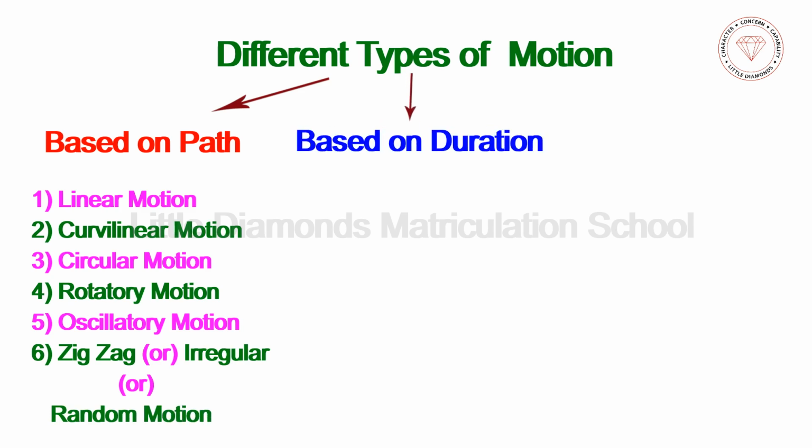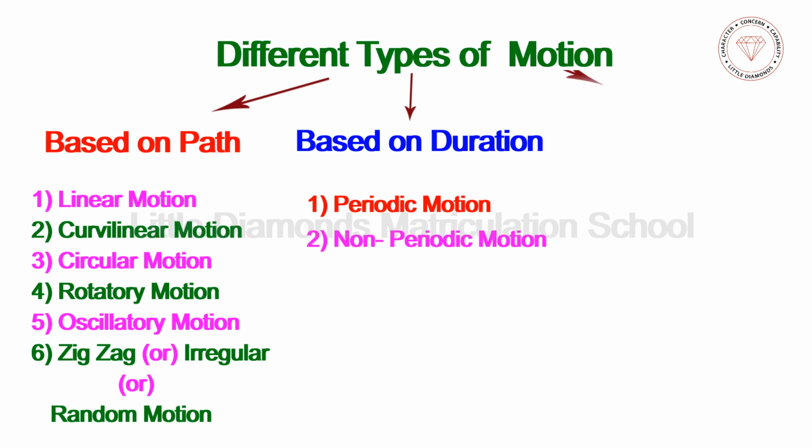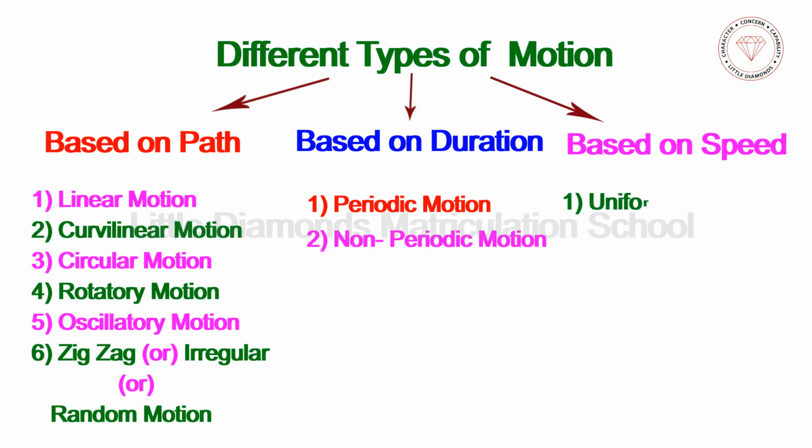Based on duration or the time period taken by the moving body, it is classified as periodic motion and non-periodic motion. Next, based on the speed of the moving body, it is classified as uniform motion and non-uniform motion. Let us know about each type of motion in detail.